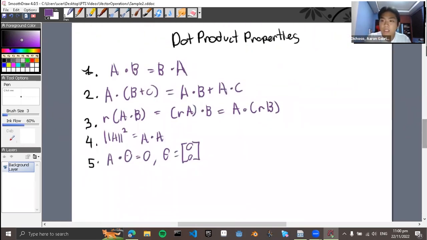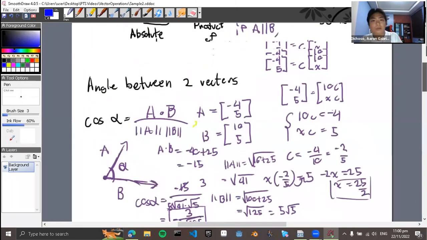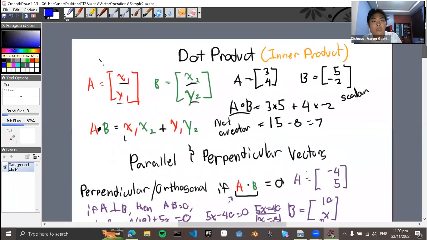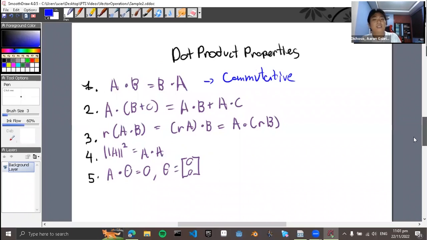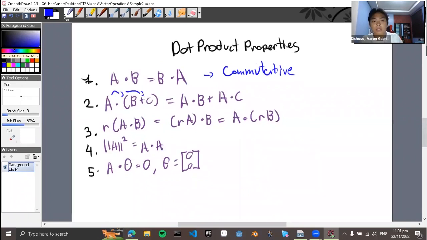Some properties lang of dot products. So as we can see here, it is commutative. Makes sense naman, no? Since if we look back dun sa formula ng dot product, it is x1, x2 plus y1, y2. Kapag binaliktad mo siya, it would still be the same value no matter what, diba? Additionally, you can distribute it since yun nga, it depends naman on multiplication.